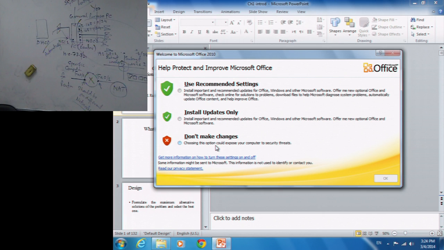Server logic also has one security server. Database also has one security server.